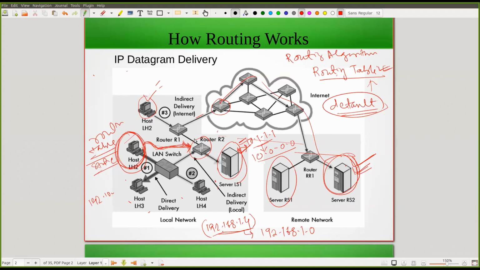So basically a routing table is built either statically or dynamically. But at the host, static approach is preferred over dynamic approach as far as building the routing table is concerned. But look into the router.